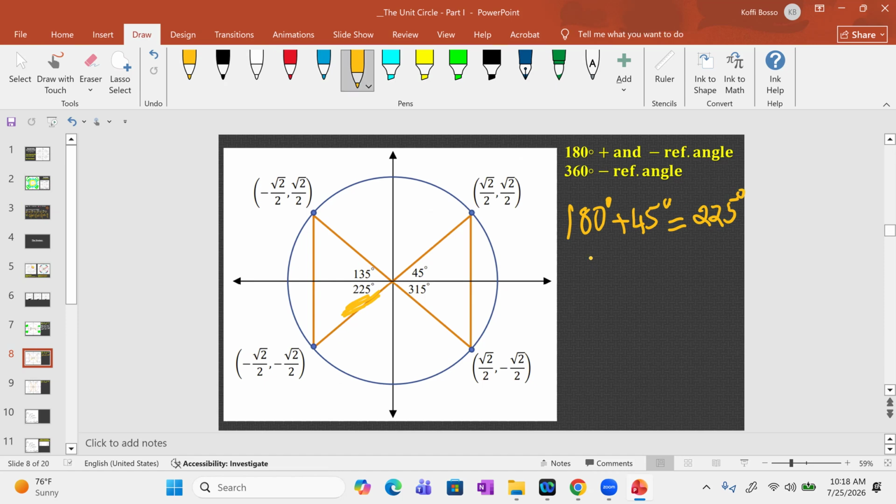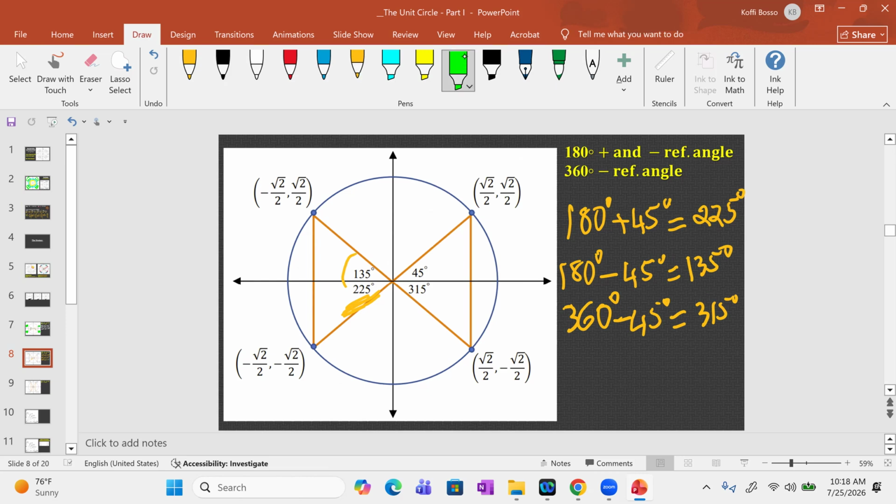You do the same thing for 180 degrees, this time you minus 45 degrees, you get the 135 degrees. And you do 360, so full circle now, minus the same 45 degrees. This time you get 315 degrees. And what I explained before, you also have it here. We remember that for these values, you have the same thing on this side, except that the signs are different, depending on the quadrant where the point is located.